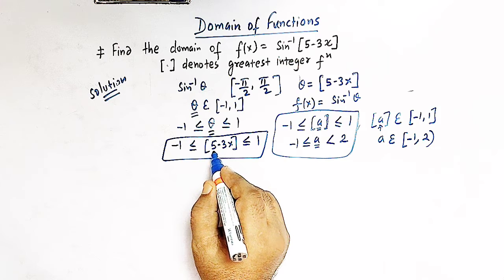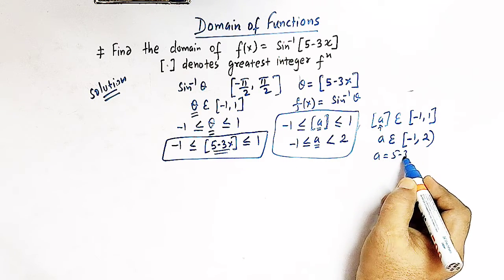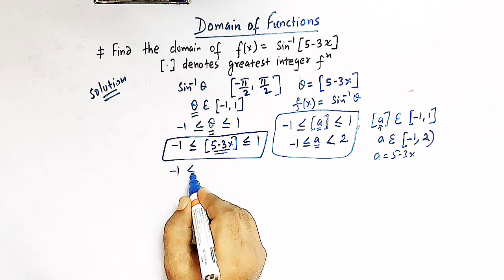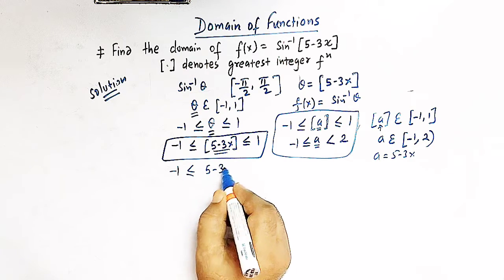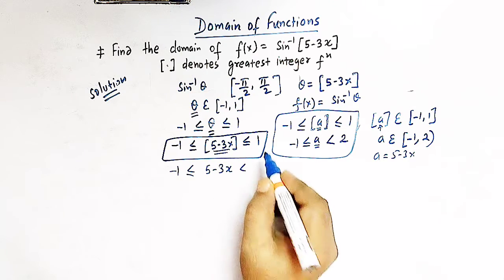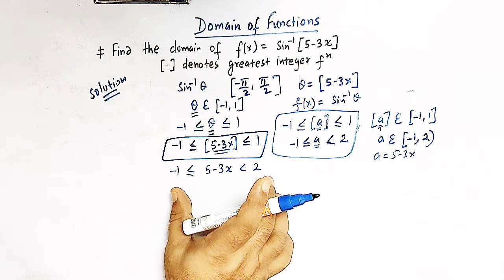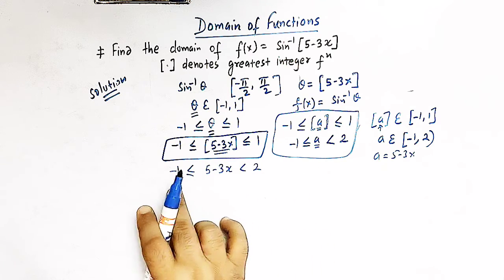Here our a is 5 minus 3x. So we can now form the inequality: minus 1 less than or equal to 5 minus 3x, and here we have less than 2, right? Now we have this simple inequality, so we can subtract 5 throughout.